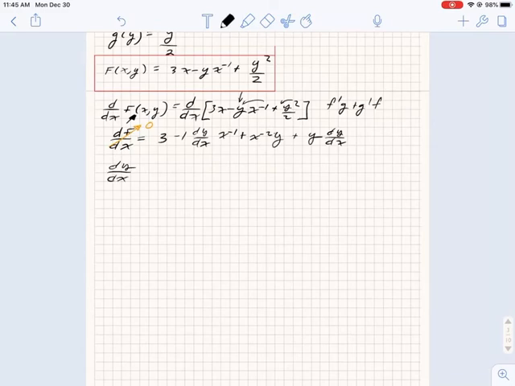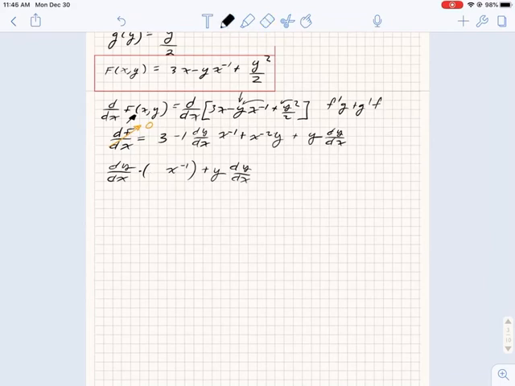So our dy over dx times negative 3 x to the negative 1 plus our y dy over dx, and we're going to bring all of our constants back.